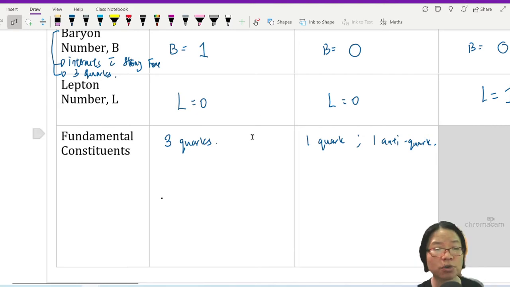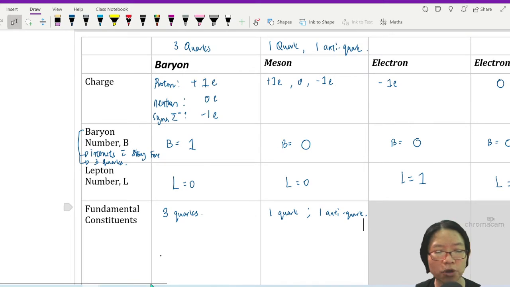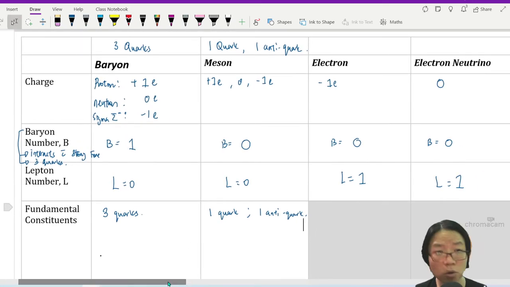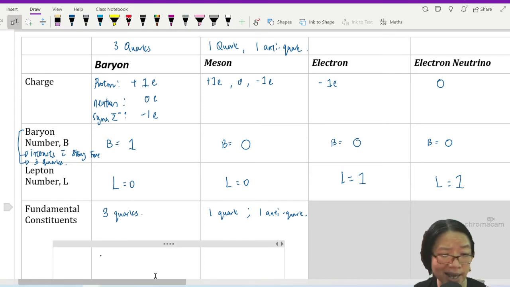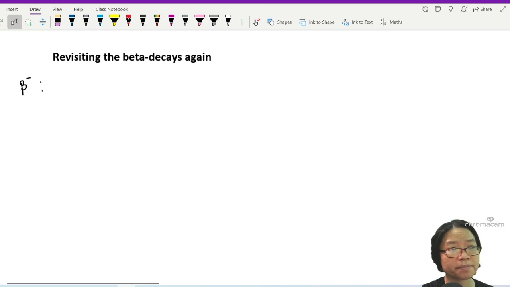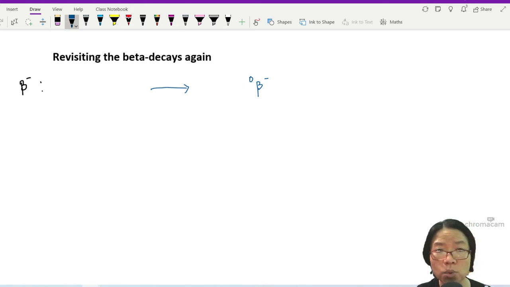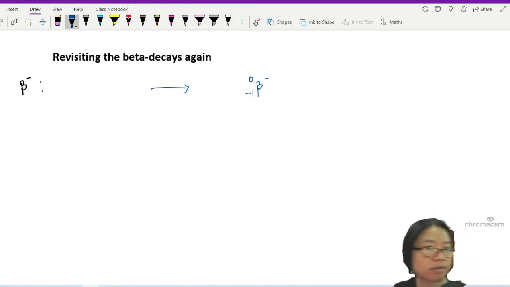All right. So now we're going to look at how to balance the baryon number and the lepton number in the most famous or most important equation in the syllabus, which is the beta plus and the beta minus decay. So for the beta minus decay, generally speaking, when we undergo that reaction, you expect to have a beta minus or electron with the mass number 0 and the proton number of negative 1.